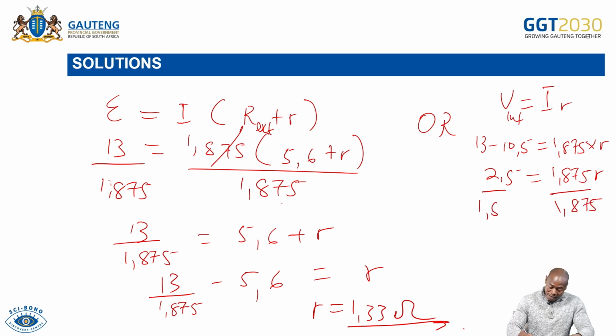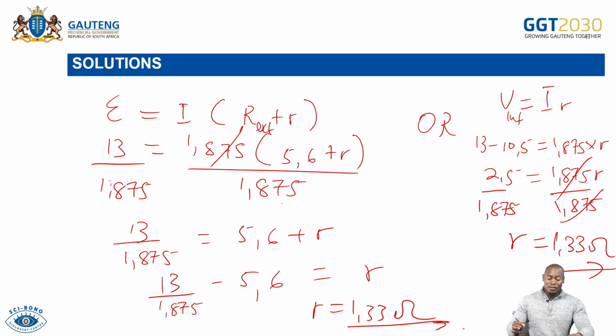Then our r here will be 2.5 divided by 1.875, and that is going to be 1.33 ohms. So it's another method that we can use to calculate our internal resistance.